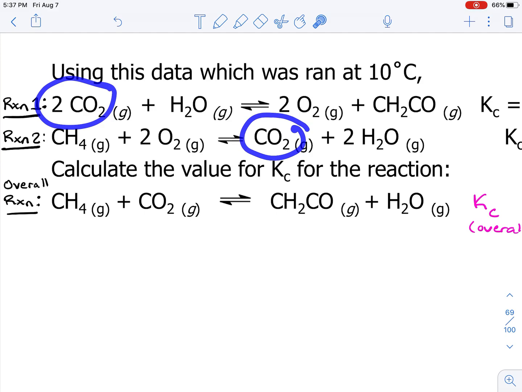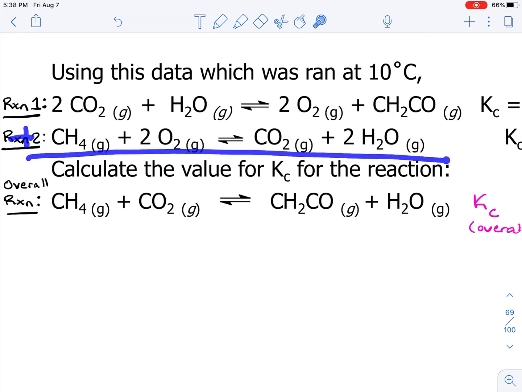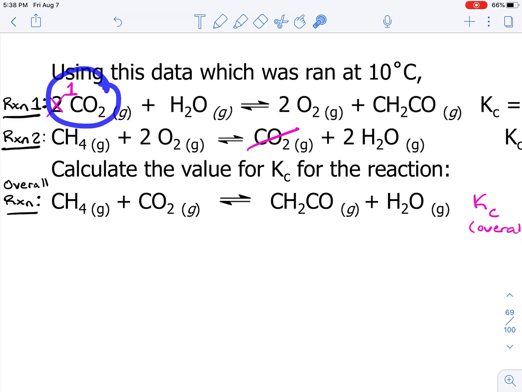Looking at their positions, notice that they're on opposite sides of the arrow. That means that if we add both of these equations, this CO2 is going to cancel with one of these CO2s, leaving you with only one CO2 on the reactant side. And so that carries down.